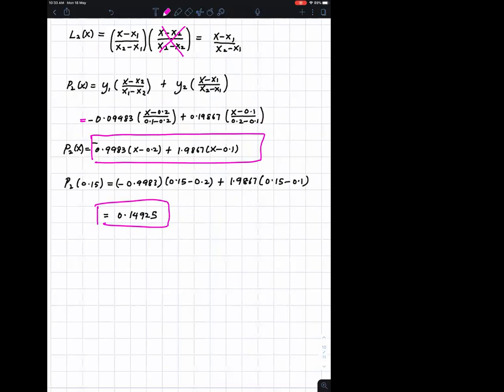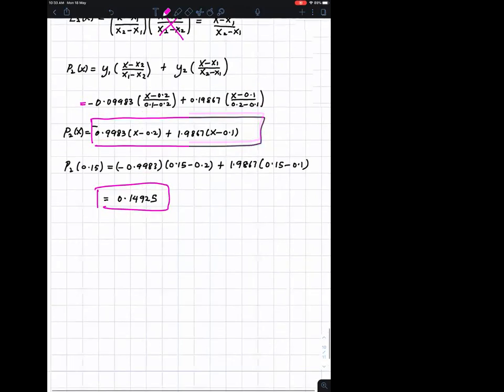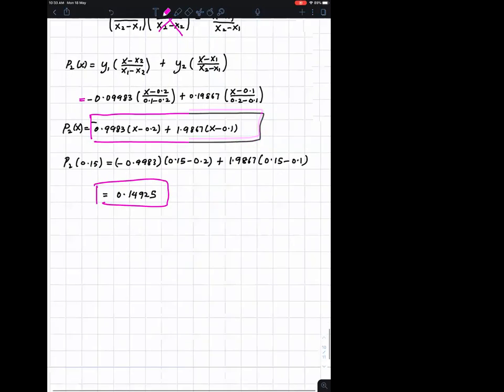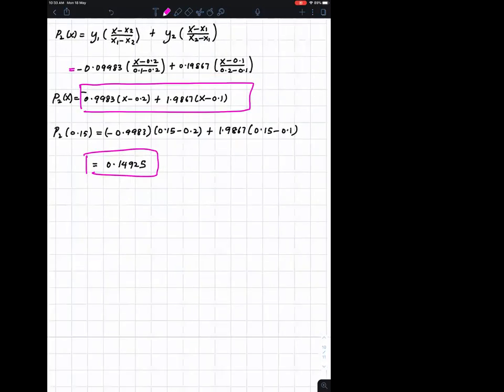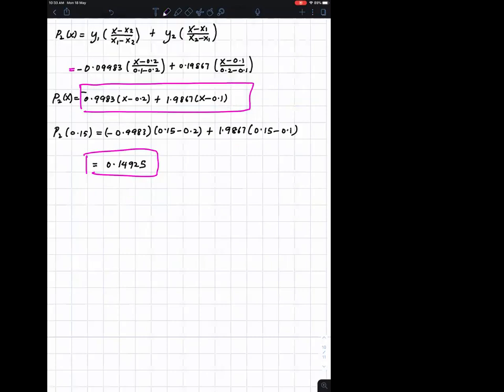Okay, this is an approximate solution. And then if you compare this with the exact solution, usually you can get some error. It's called truncation error. You will not be tested on truncation error, but I just wanted to mention there's an error calculation involved.